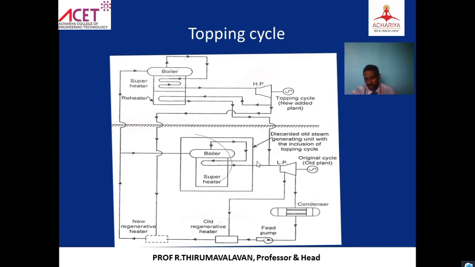Then again it goes for expansion in the low pressure turbine and the condensation process, and again the regeneration process, and goes back to the boilers. That is what we call the topping cycle, the top cycle. Topping cycle means top cycle, that mercury cycle, right? And the bottom one is going to be the water cycle. Water cycle, those are the two cycles.